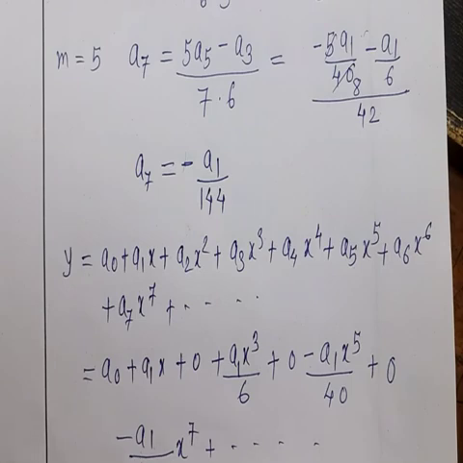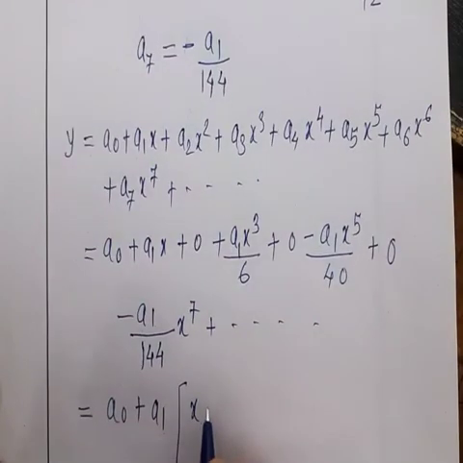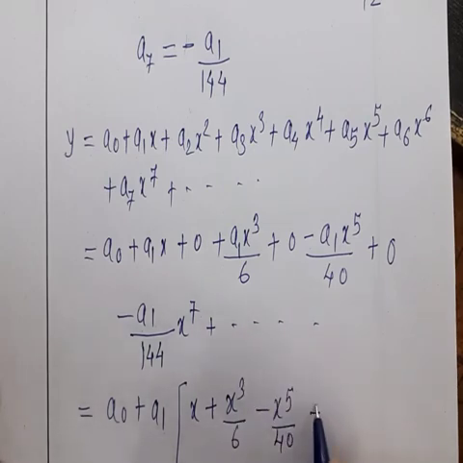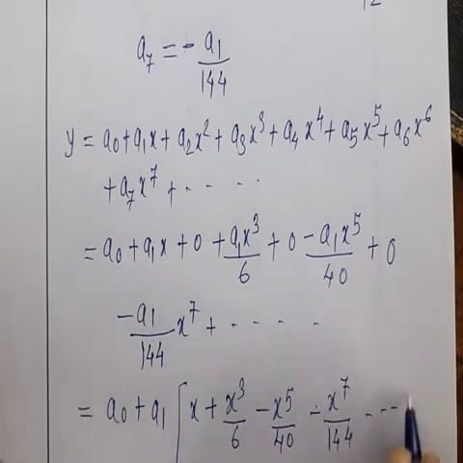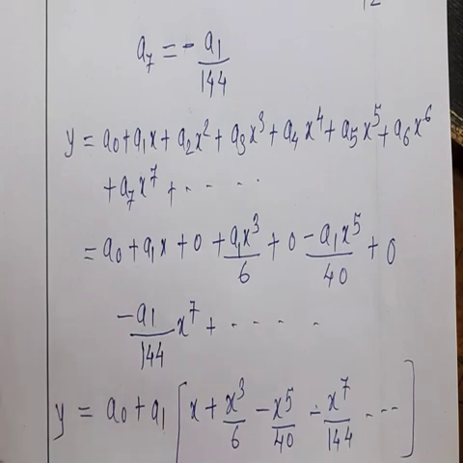So this is equal to a0 plus a1 times x plus x cube by 6 minus x to the power 5 by 40 minus x to the power 7 by 144 and so on. So this is the series solution for the given differential equation. Thank you.